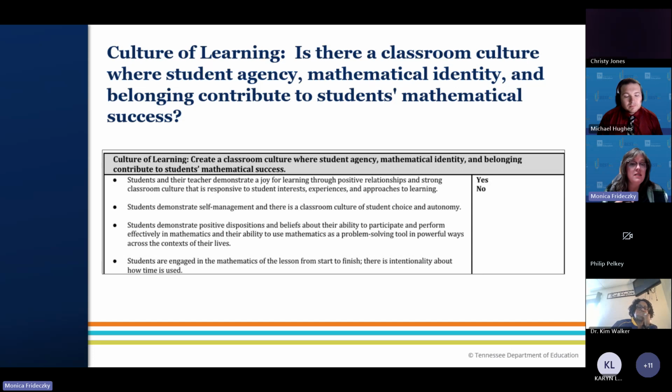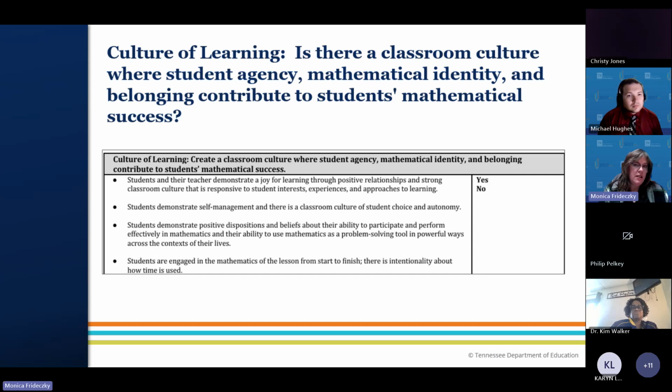Through personal experiences as learners of mathematics, we've been given some misinformation that math is not for everybody, which is just a false claim. This is where teacher belief, or educators' belief, is a big part of the culture of learning.